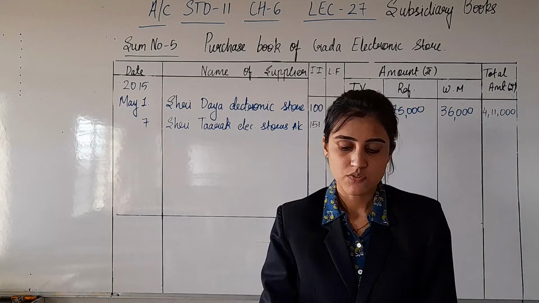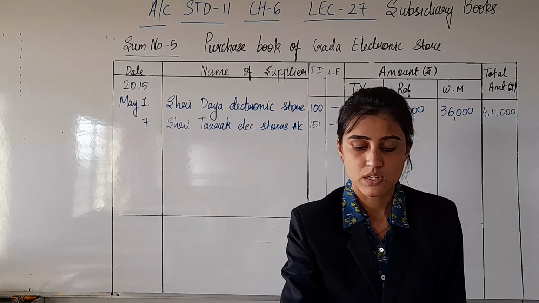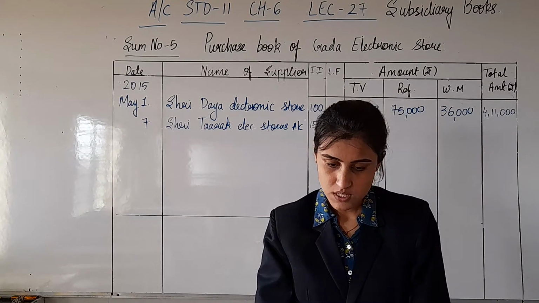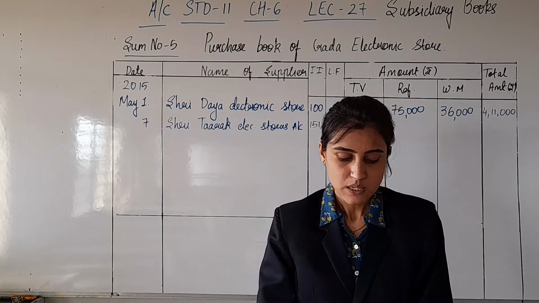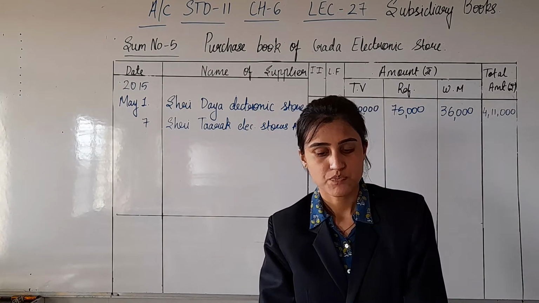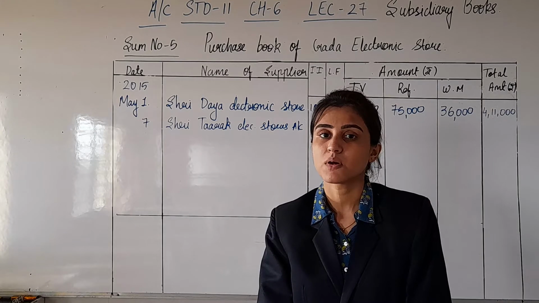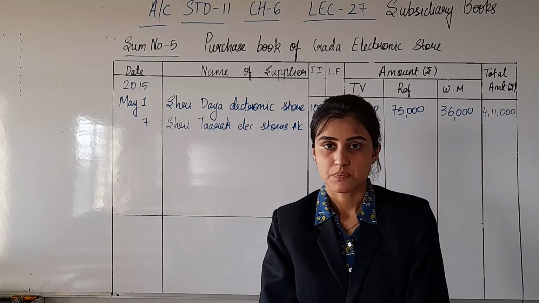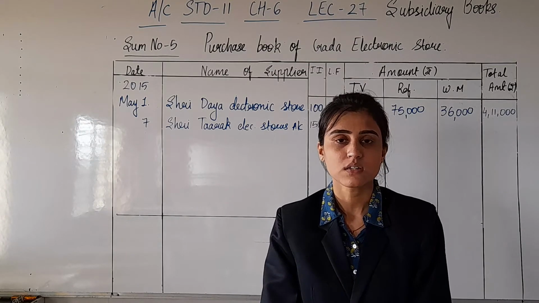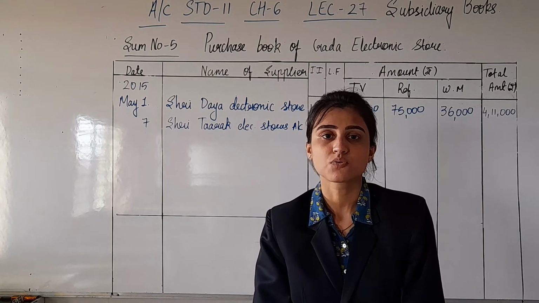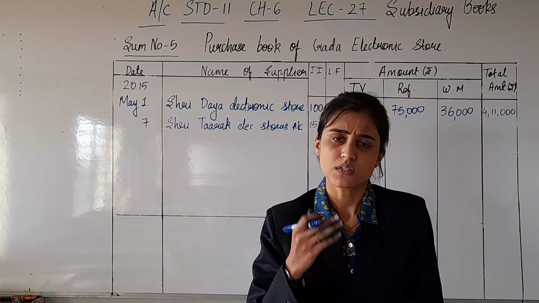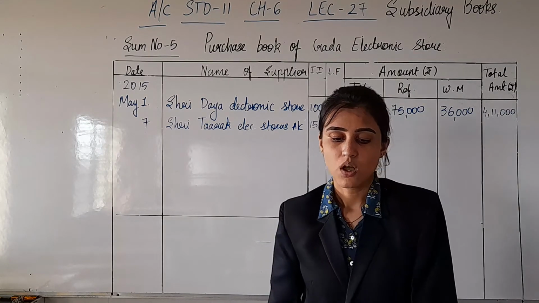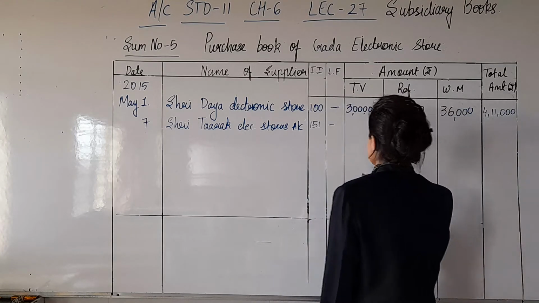5 pieces of TV. So first of all, 5 into 25,000, 1,25,000 rupees, and 10% trade discount on the same. So 1,25,000 is the amount of TV. Now a trade discount on that, the 10% of 1,25,000 is nothing but 12,500. So minus 12,500 gives you 1,12,500.